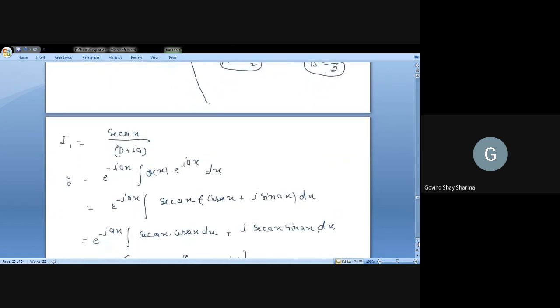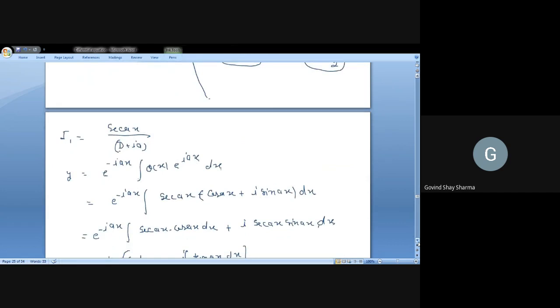I1 is equal to sec ax upon D plus iota. With the general form we can write y is equal to e to the power minus iota ax integration Qx e to the power iota ax dx. So e to the power minus iota ax integration sec ax (cos ax plus iota sin ax) dx.